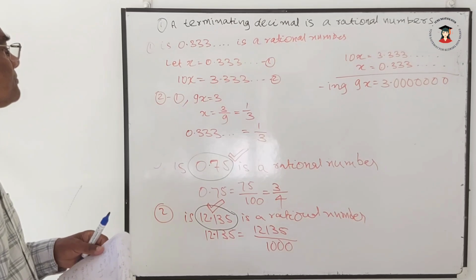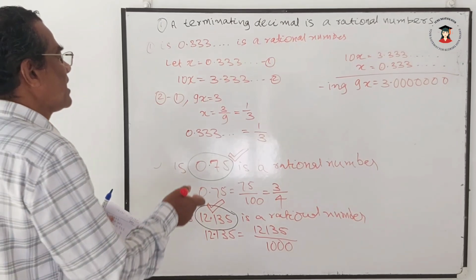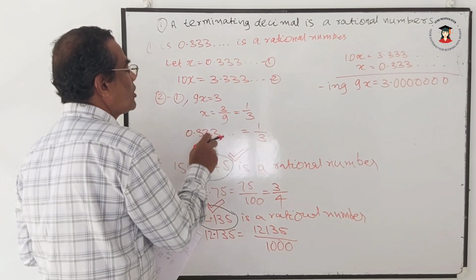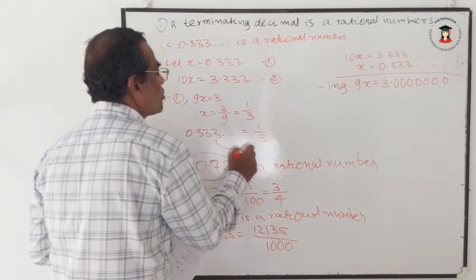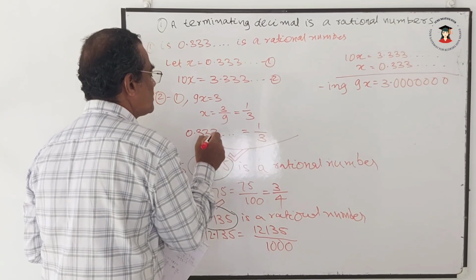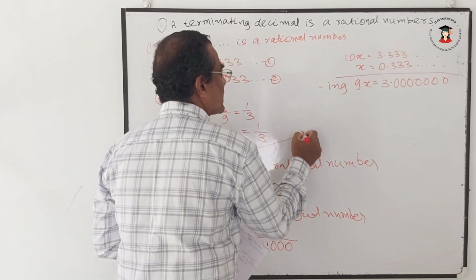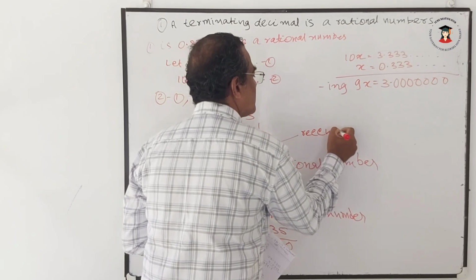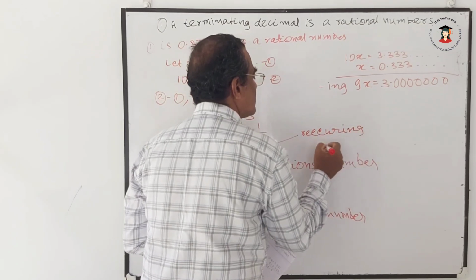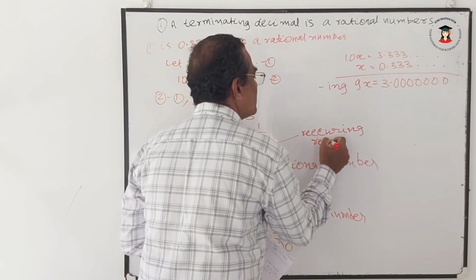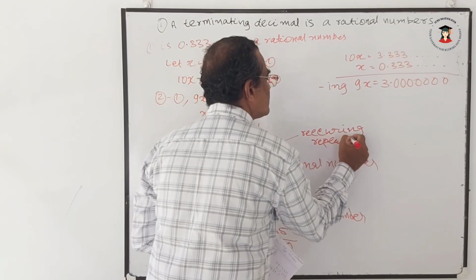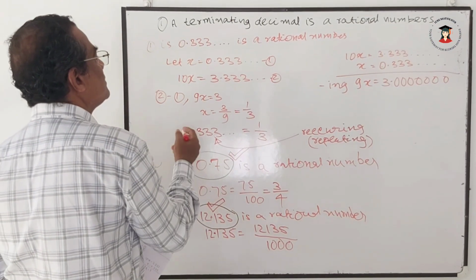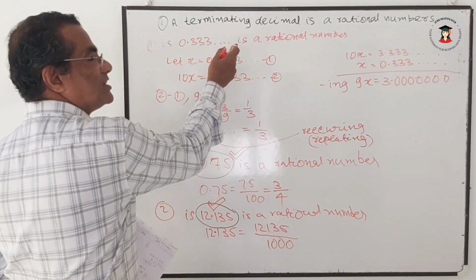That means we were able to express this non-terminating decimal as a ratio, and there is one more peculiarity here, that this is recurring. Recurring has the meaning repeating, because you are not getting different digits here.